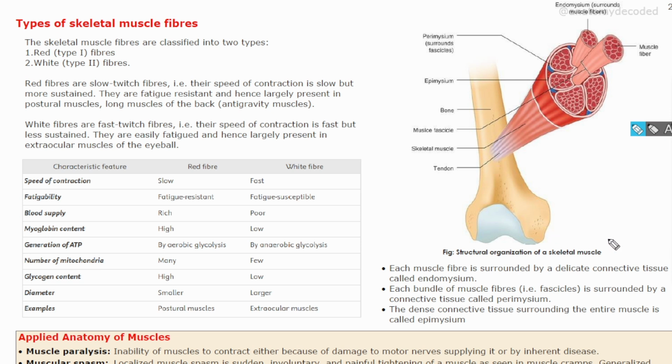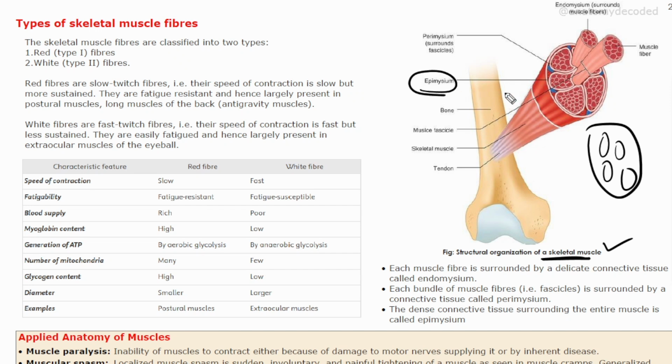Now let us understand the structural organization of a skeletal muscle. If we take a section of any skeletal muscle, we'll be learning the arrangement seen inside. On the outer aspect of the skeletal muscle, there is a connective tissue covering referred to as epimysium. Inside there are multiple muscle fascicles. All muscle fascicles are surrounded by a connective tissue called perimysium.